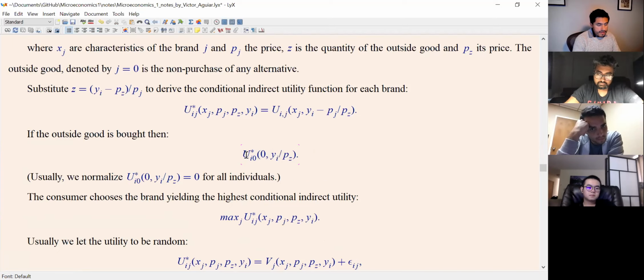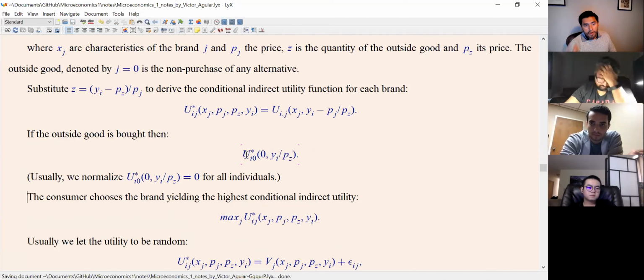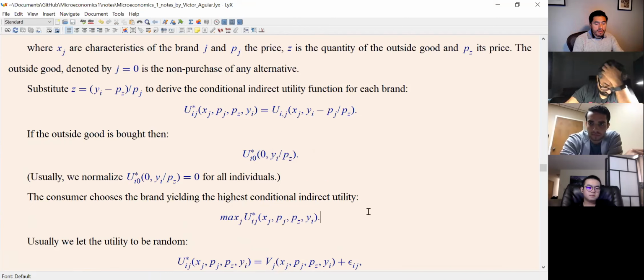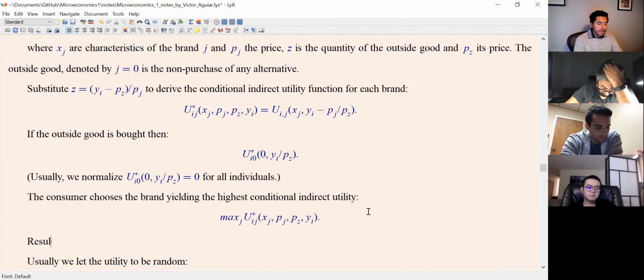Now, with this in hand, I'm going to think of the decision problem. I maximize over J, and the result of this maximization is basically a discrete choice.